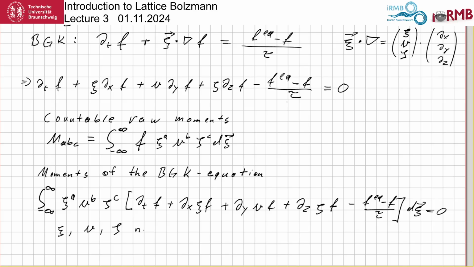Being independent means they do not depend on x, y, z, and t, but x, y, z, and t are the things we take derivatives of.